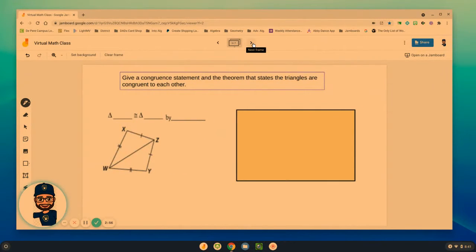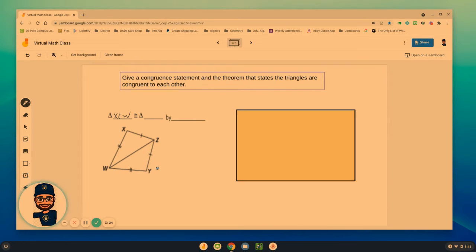Now, the first thing to understand in working towards the proof is to look at a diagram and figure out what congruence statement allows us to say the two triangles are congruent. This is like what we did last week. So how can we say that XZW might be congruent to the bottom half?